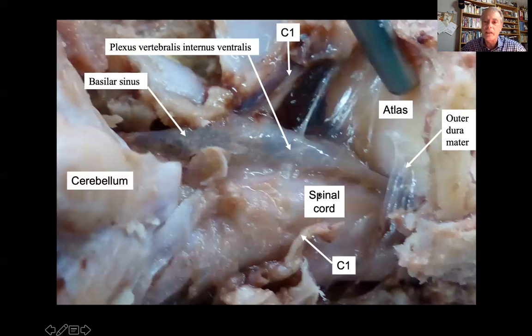As you see in this dissection, the atlas has been opened, the occipital bone has been opened also. You see the spinal cord, surrounded by the outer dura, the inner dura, and here is the plexus vertebralis internus ventralis that changes its position to a lateral position in order to continue as the basilar sinus through the condyloid canal.